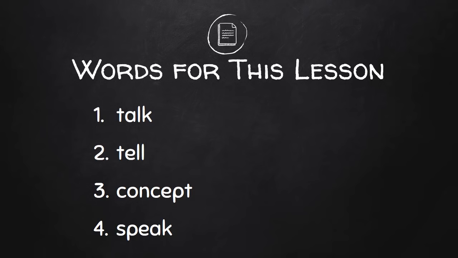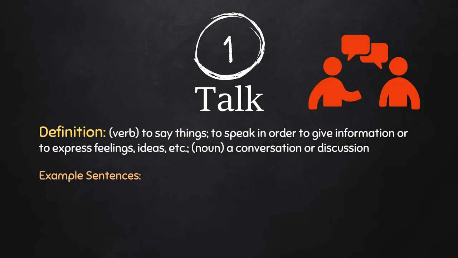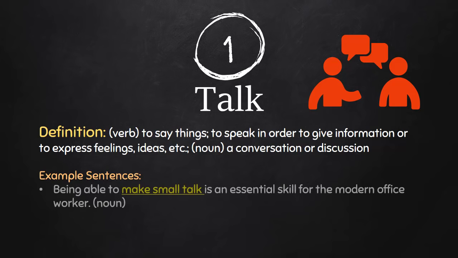All right, let's go. First word is talk. Definition. It's a verb: to say things, to speak in order to give information or to express feelings, ideas, etc. And the noun version is a conversation or discussion. Some example sentences. First, we have, being able to make small talk is an essential skill for the modern office worker.